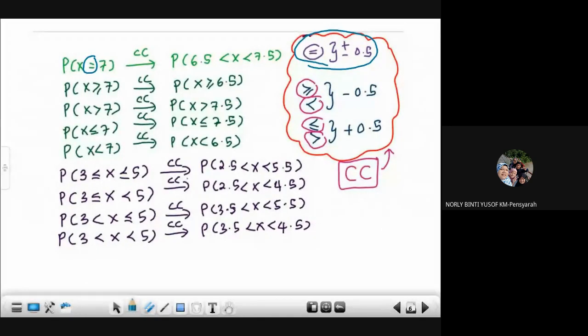Ni nak ingatlah yang ini. Kalau dia lebih besar sama dengan, so kalau nak ingat, lesser tu tolak, kurang kan, tolak 0.5. Tapi kalau dia ada sama dengan, dia contradict. So dia akan fikir kalau lebih besar patutnya tambah kan, tapi contradict negatif 0.5.